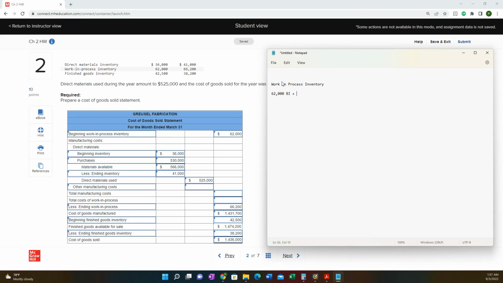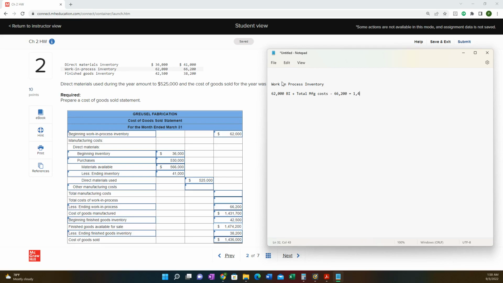In the formula that we've been using, total manufacturing cost would be equivalent to purchases. We have our ending inventory, which is $66,200. And we also have our cost of goods manufactured, which is equivalent to cost of goods sold when working with the finished goods inventory.